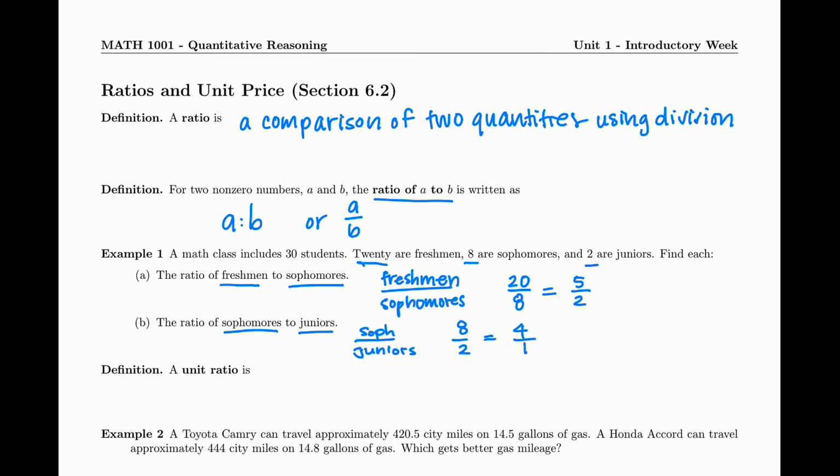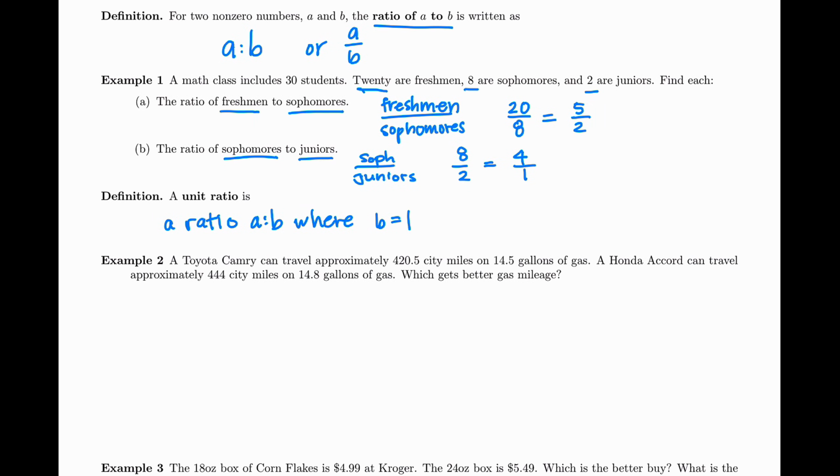This leads us into the next definition called a unit ratio. A unit ratio is a ratio, A to B, where B equals 1. Unit ratios are going to help us compare different rates, different ratios. So let's look at this next example.